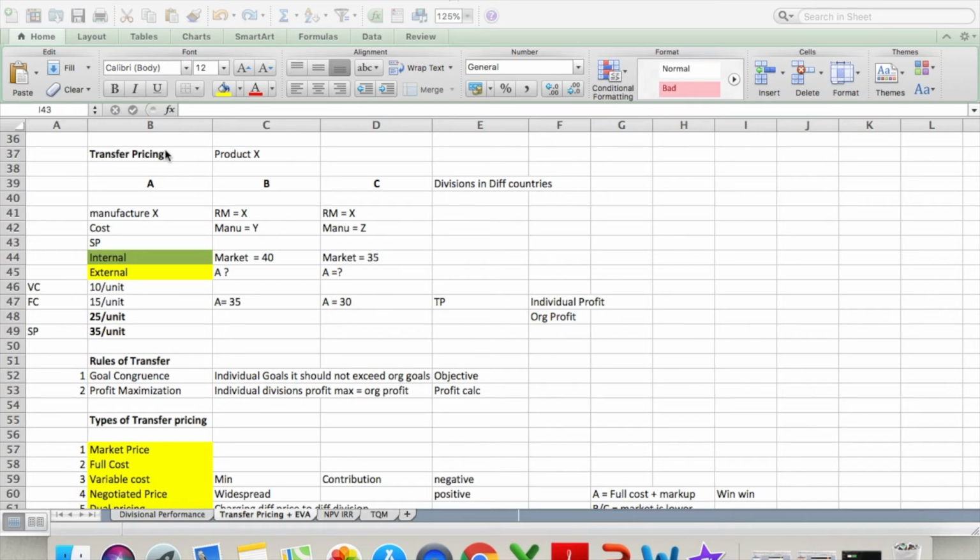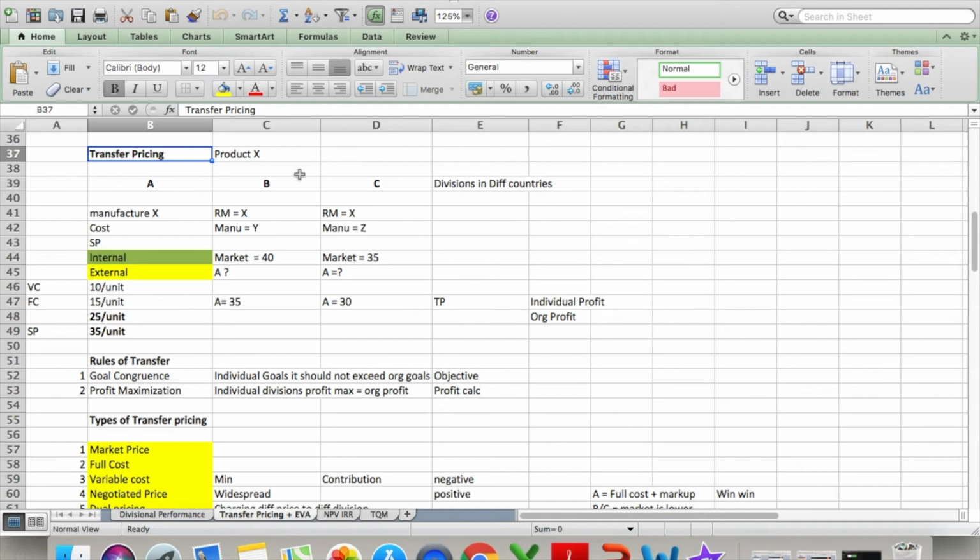Why am I emphasizing divisional performance, transfer pricing and EVA so much? Because I think that transfer pricing with EVA has not been tested, and I have a feeling that this time it's a red flag area that it can be tested in this examination by the examiner, by the University of London examinations, right?